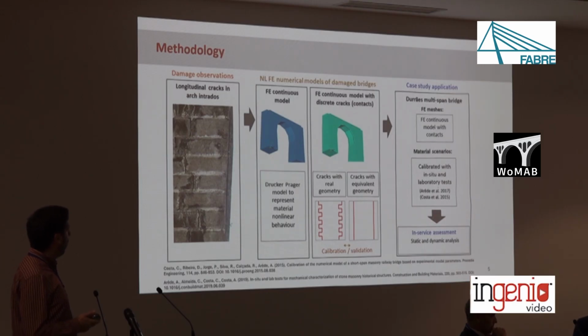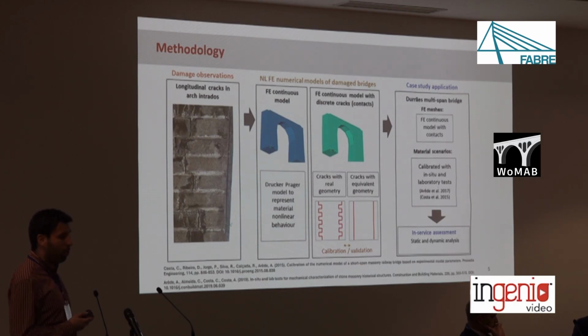In terms of using this strategy to represent the damage observed in the bridges, here I present these two alternative strategies that can also be used combined. The first one is using this continuous model with a Drucker-Prager model to represent material nonlinear behavior.